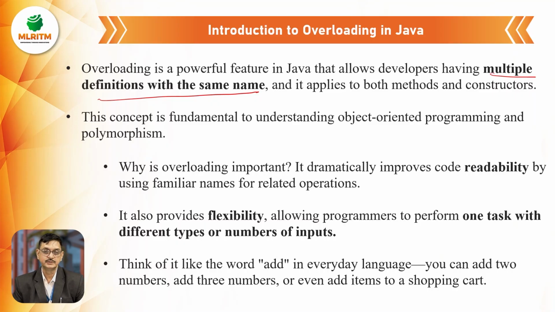Why do we need to implement method overloading? That is important. Okay, it dramatically improves code readability by using familiar names for related operations. So with one familiar name, we can represent or remember related operations.